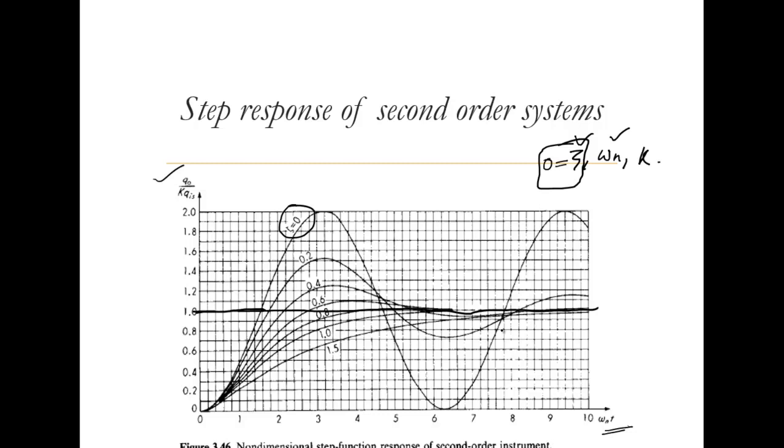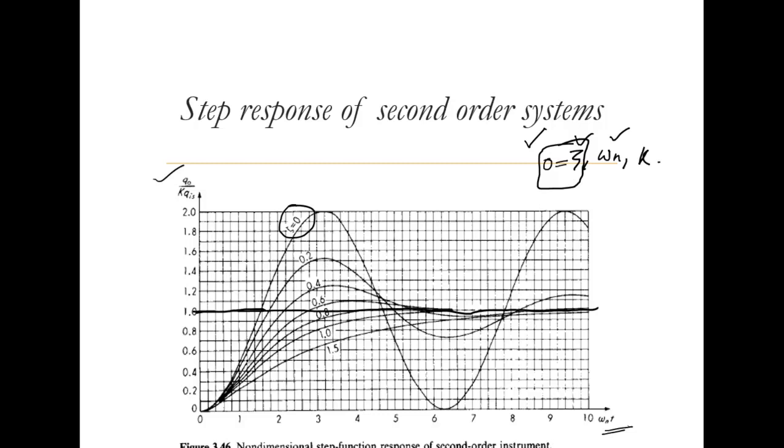So we would always have oscillation, which is highly undesired. As we increase zeta, that means as we increase damping in the system, the damping ratio, this starts decreasing. For zeta equal to 0.2, this now has a lesser amplitude ratio, which is quite desired.